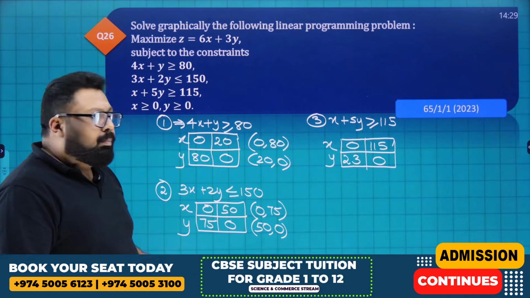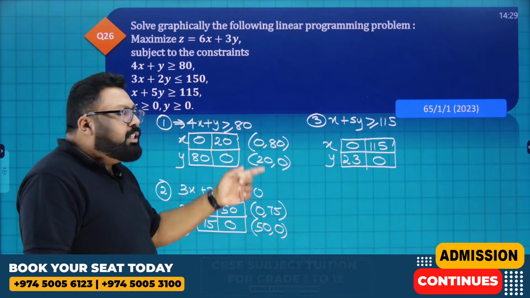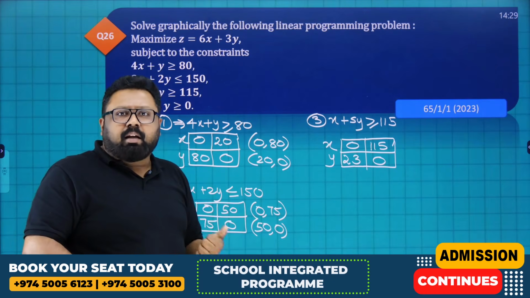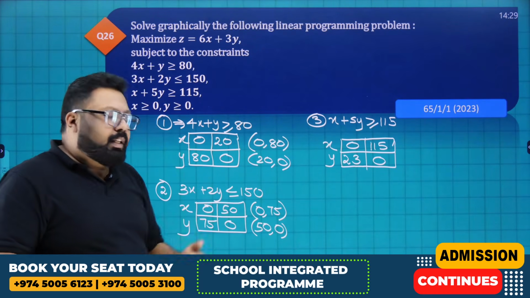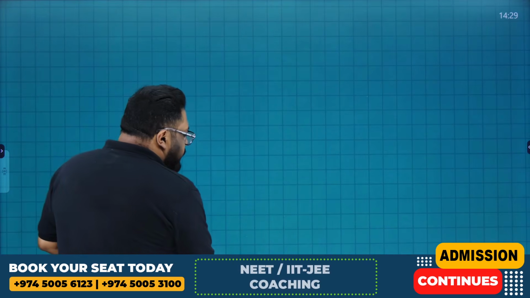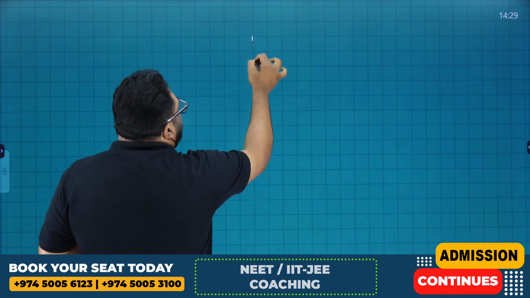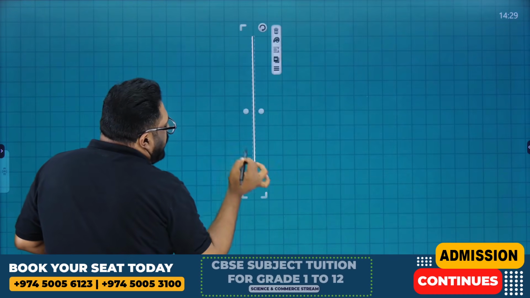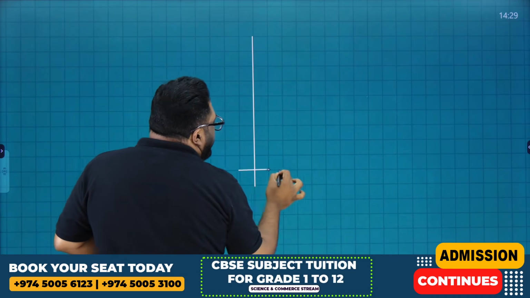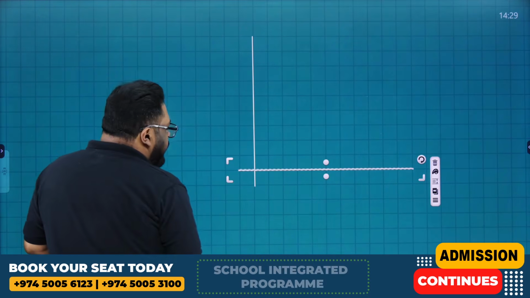We have very big numbers. See, it's going up to 115 on x and up to 80 on y. So let's mark the coordinates with 20s, that's easier for us. So let us draw the graph now. I told you it's good if you're able to draw the graph neat and big.